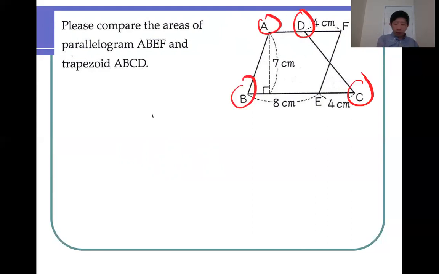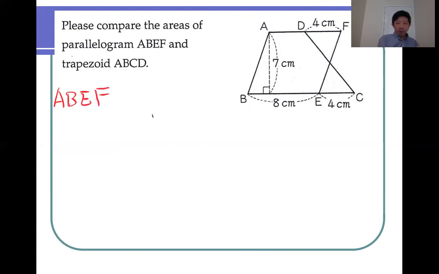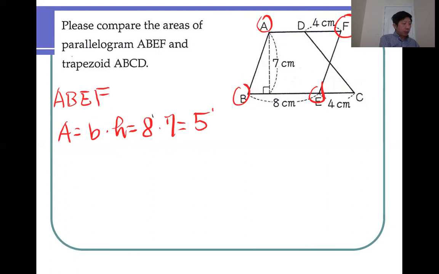So let's do ABEF first. ABEF is a parallelogram, right? So area equals base times height, which is equal to 8 times 7, which is 56. Right? Makes sense to you?